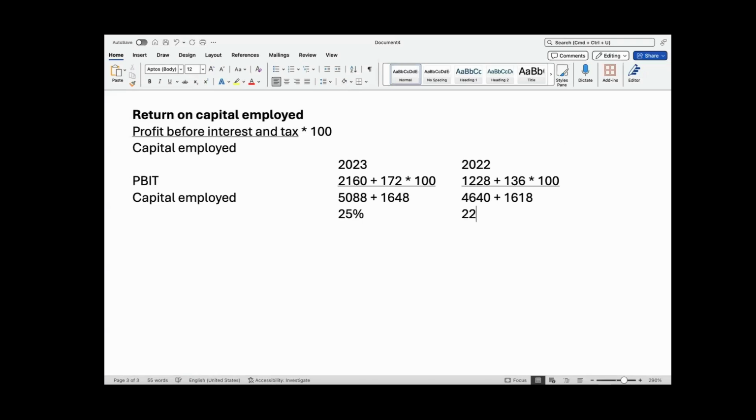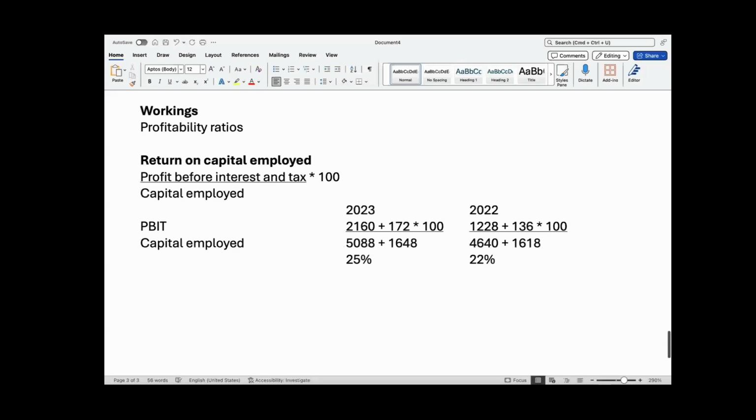Okay, so that's the first ratio. The second ratio you can compute is your net profit margin. Can anyone tell me the formula for net profit margin?